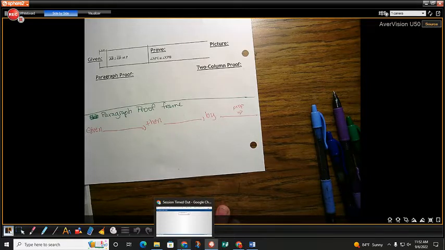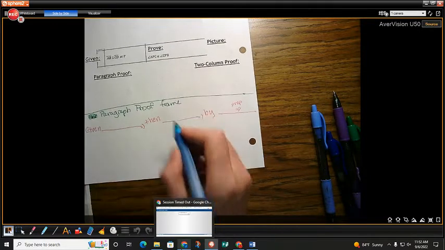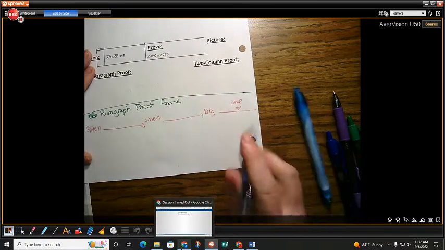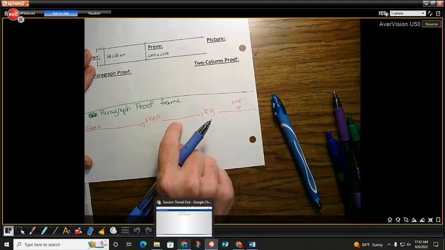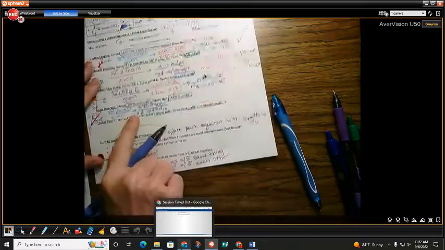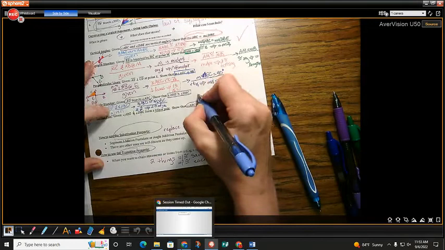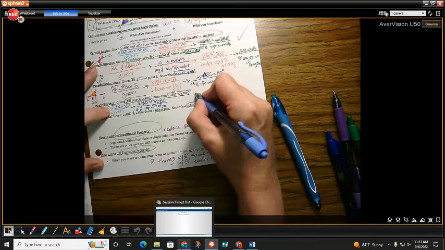Okay? Now, if this is where you had to be done, you stop there. We had one like that. You had this one where I said that this is literally how the paragraph proof would look.